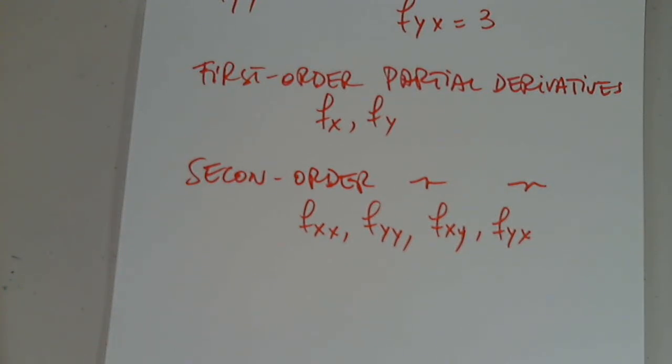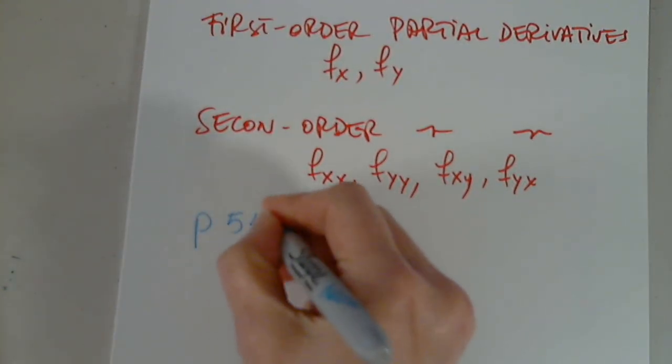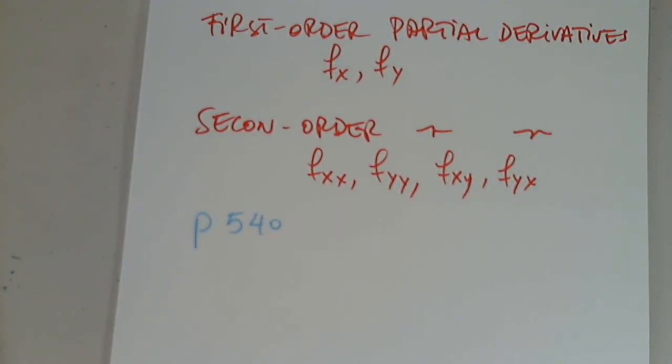Okay, so I'm looking on page 540, and if you would like to choose from there, that's fine. And do the same thing with slightly more sophisticated functions. Or back to page 539, if you want to pick from there, or I will.